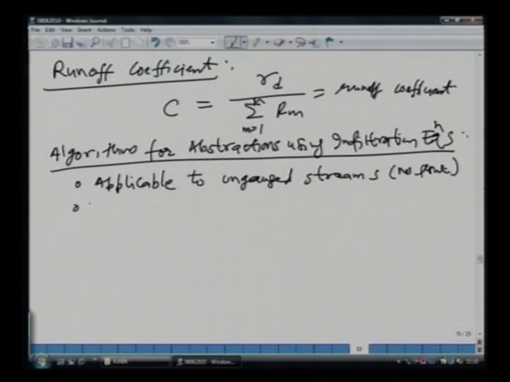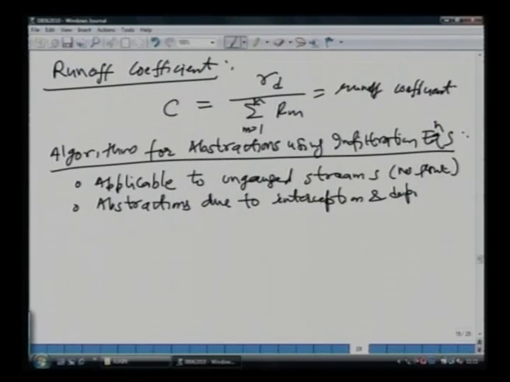The second feature of this method is that the abstractions due to interception and depression, or your initial abstraction, must be accounted for separately, by other methods, and then incorporated in this method.